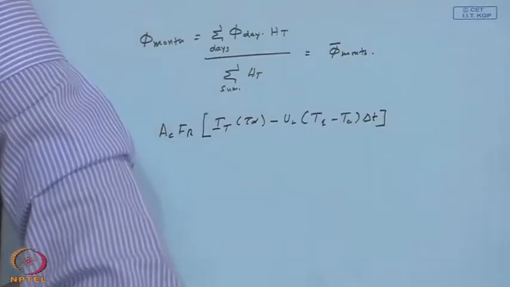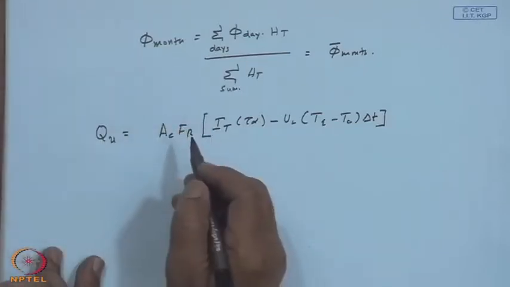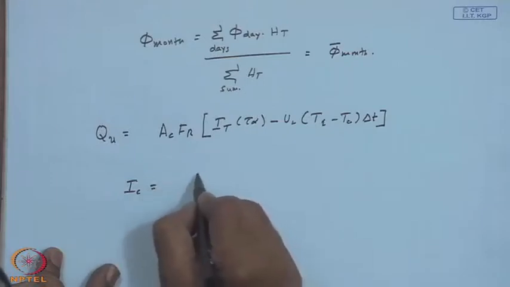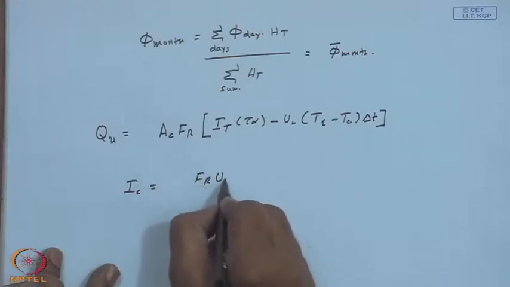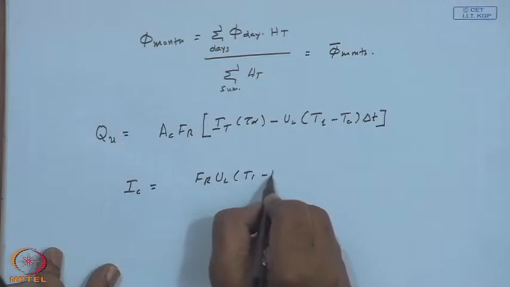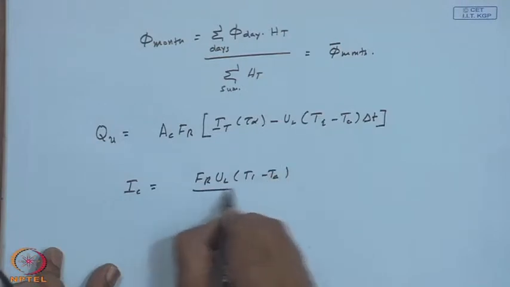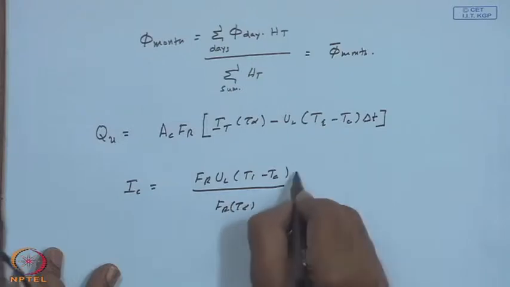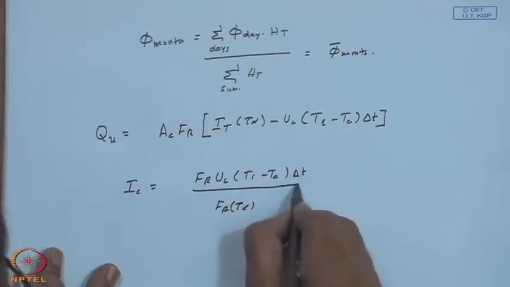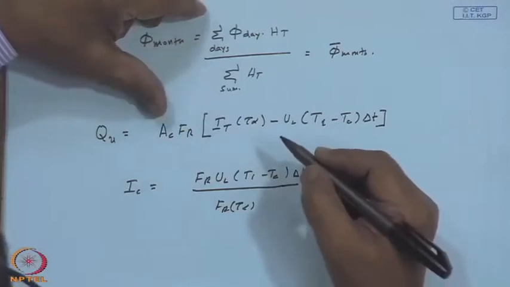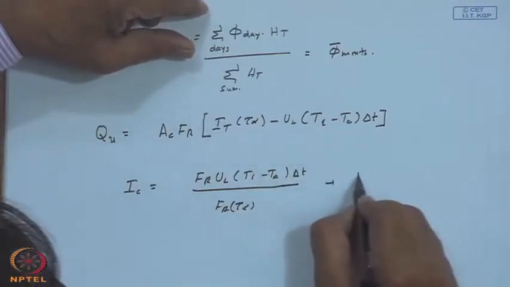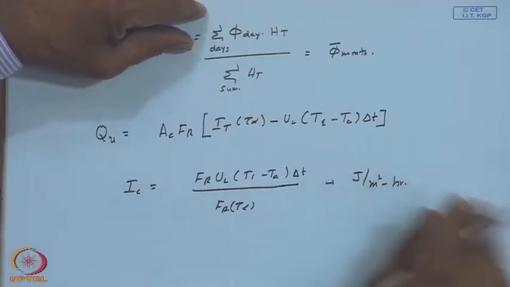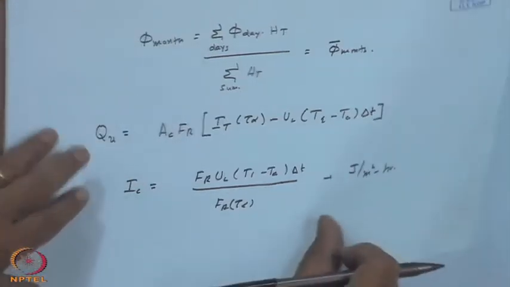So, if you set Q u equal to 0, the critical level can be obtained by F r U L into T I minus T A by F r tau alpha times delta t. If it is for a period of 1 hour, I will get it as joules per meter squared hour.